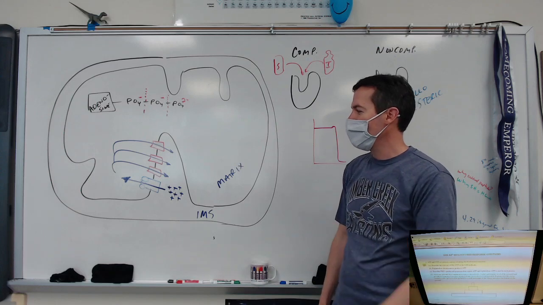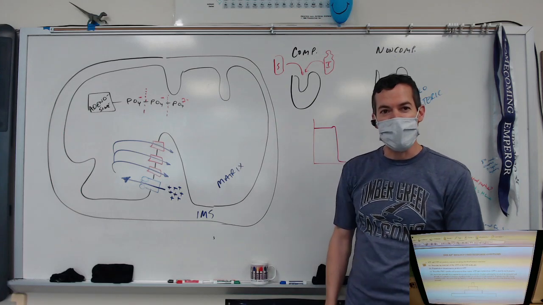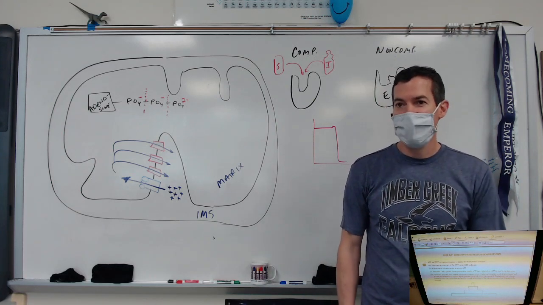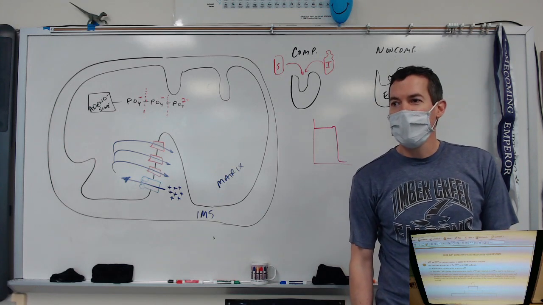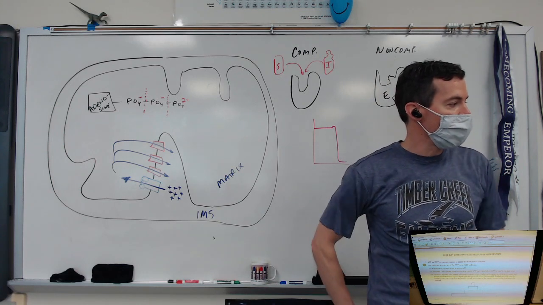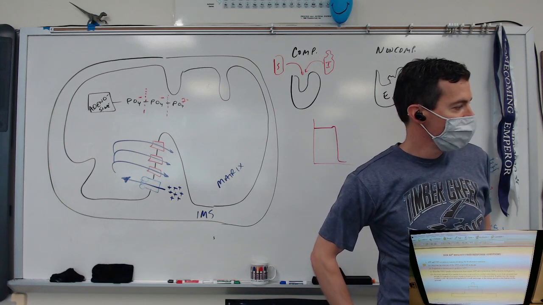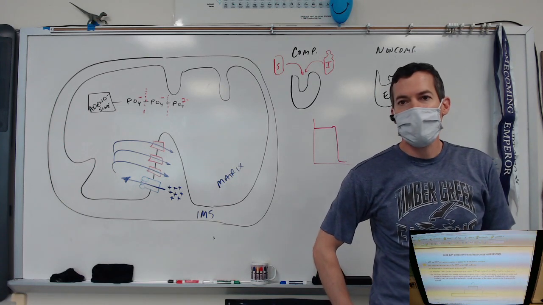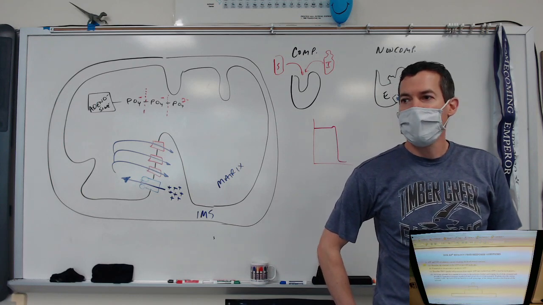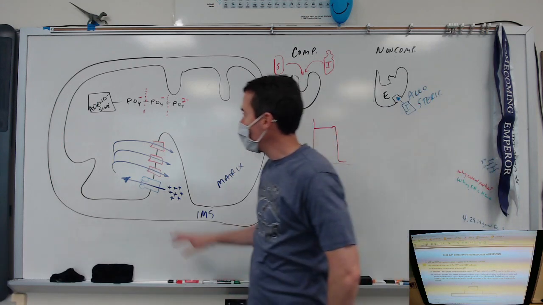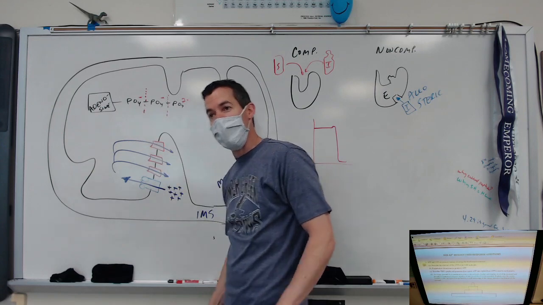And then the last question: where did I get those electrons from? There's a couple correct answers, I guess three. Where did the electrons come from that power those pumps? By the way, I see you, Davey. You got that right. So I've got my two electron carriers from the Krebs cycle. There's NAD.